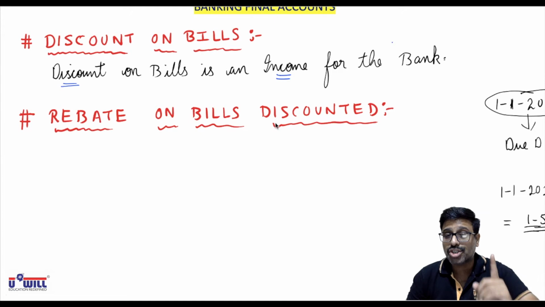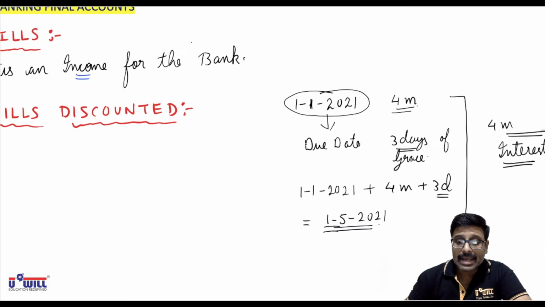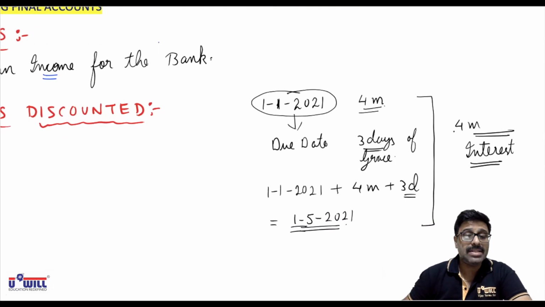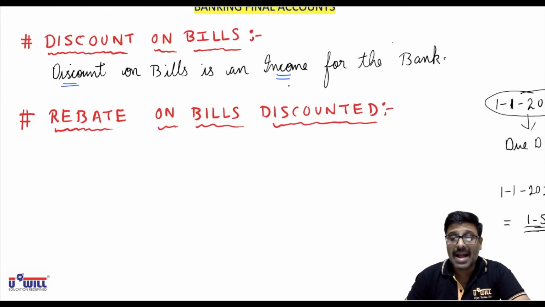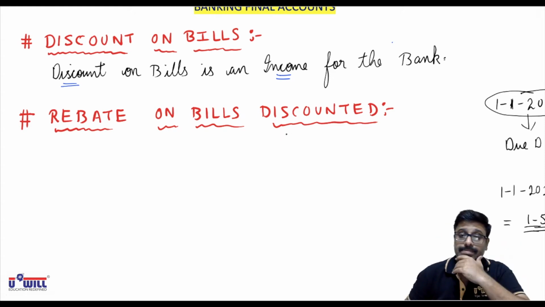Listen to my question carefully. Is this entire 4 months income of interest an income for the bank for the current year? Think about what I'm asking you. The answer is yes, it is an income.